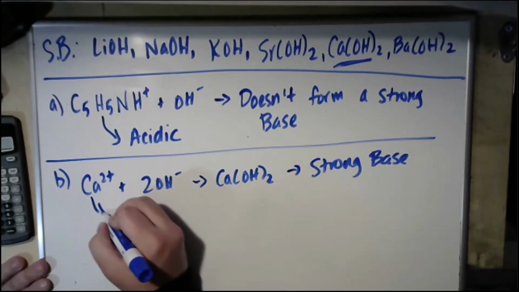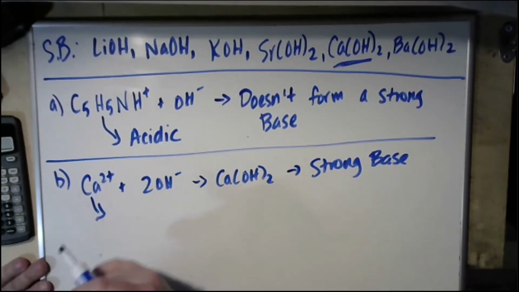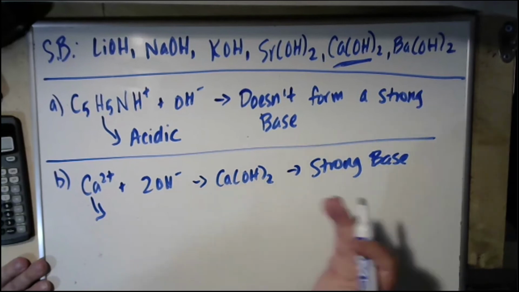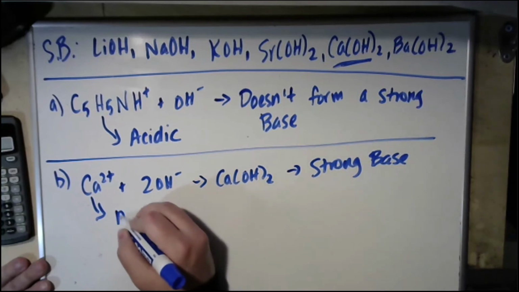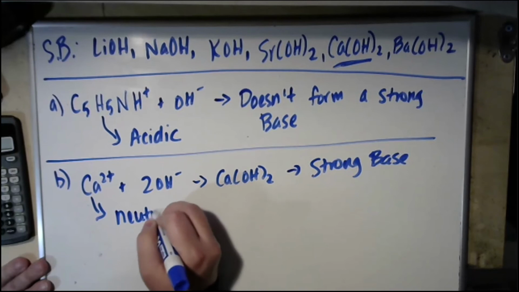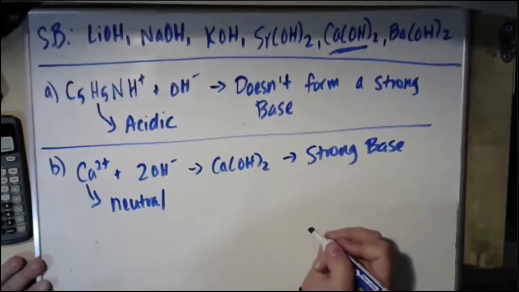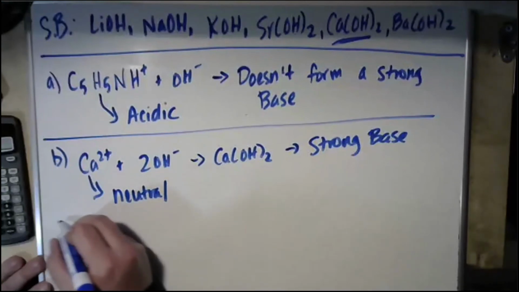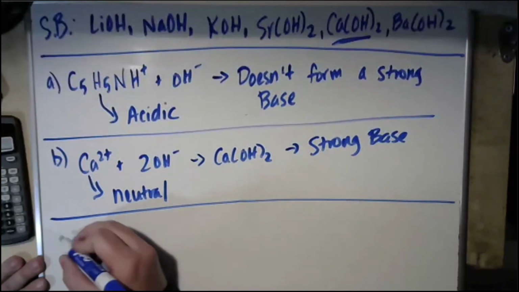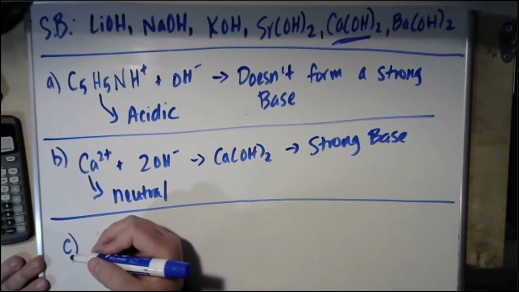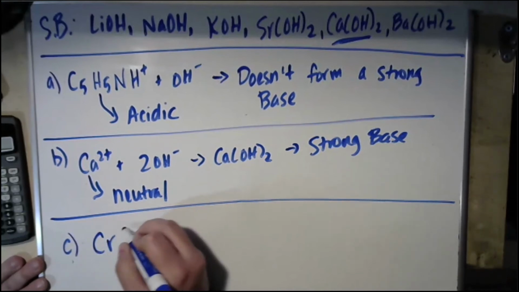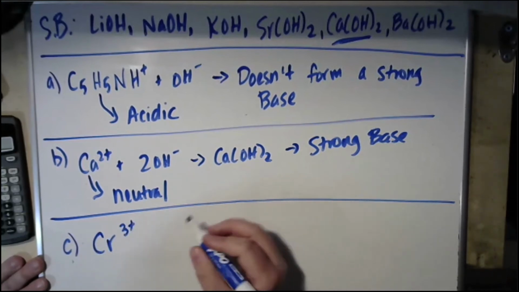Okay, so the counter ion of a strong base is going to be neutral. For part C, we have Cr3 plus.